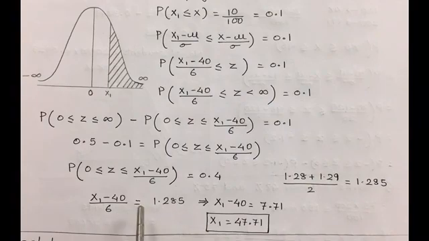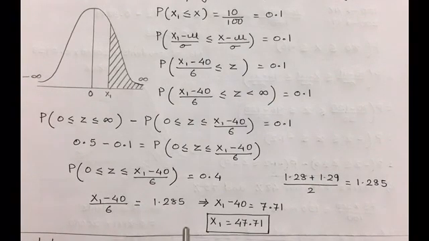So the value of x1 becomes: (x1 minus 40) divided by 6 is equal to 1.285. Taking 6 and multiplying with 1.285, we get 7.71. Adding 40, the value of x1 is 47.71.